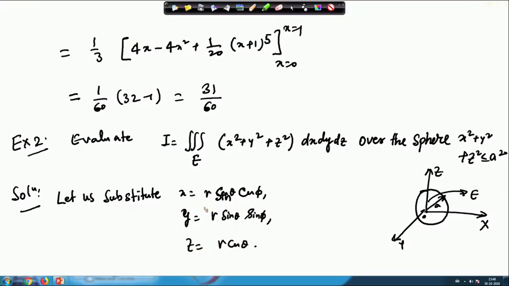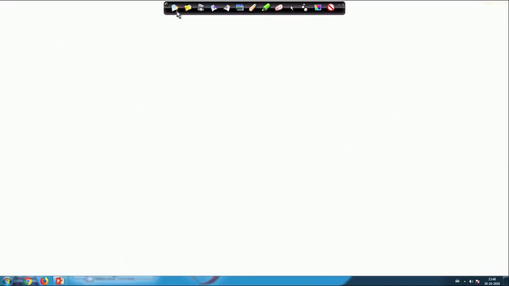If we take the sum of squares, x square plus y square plus z square, this will reduce to the sphere equation x square plus y square plus z square equals a square. Now, to do the change of variables, we need to calculate the Jacobian.